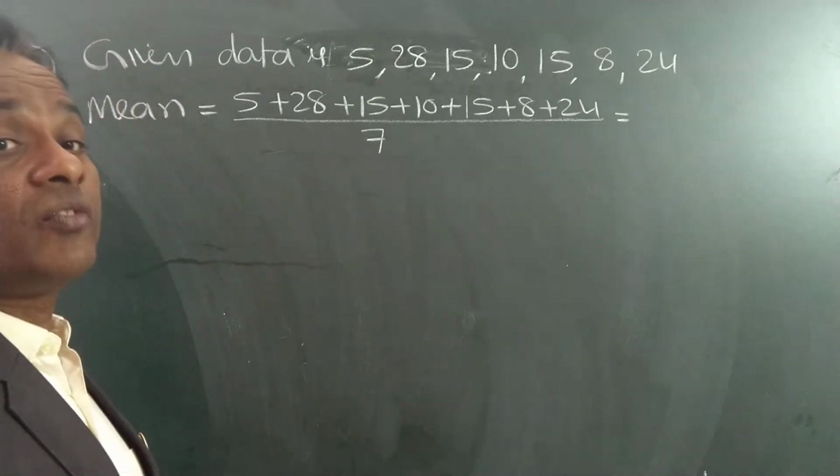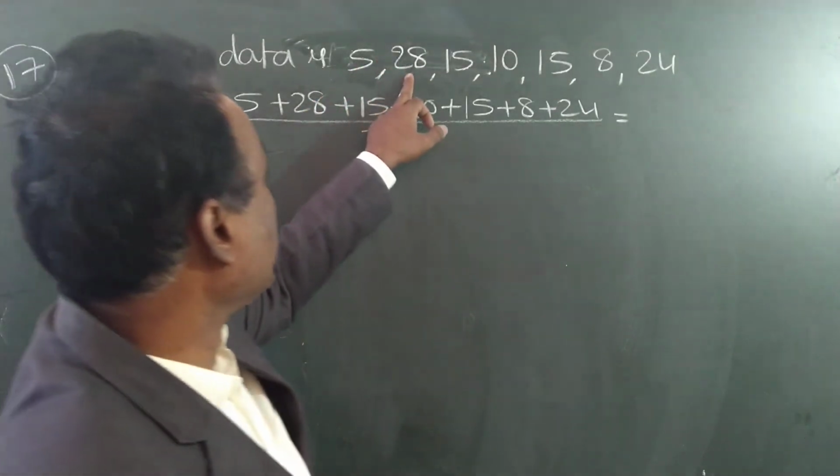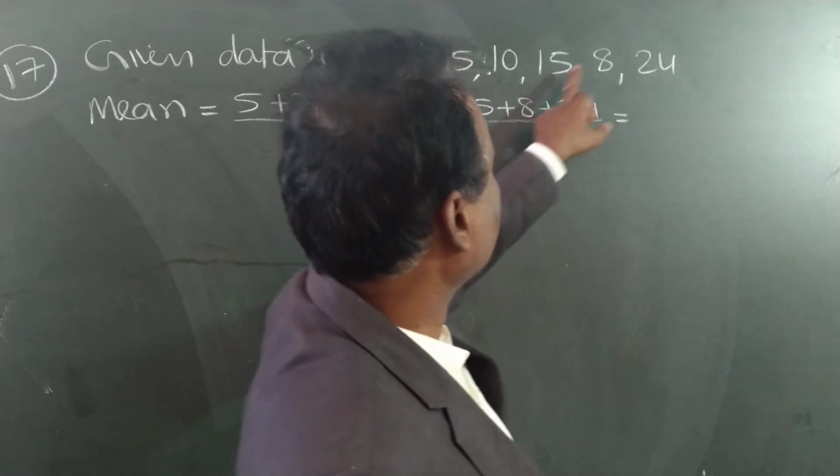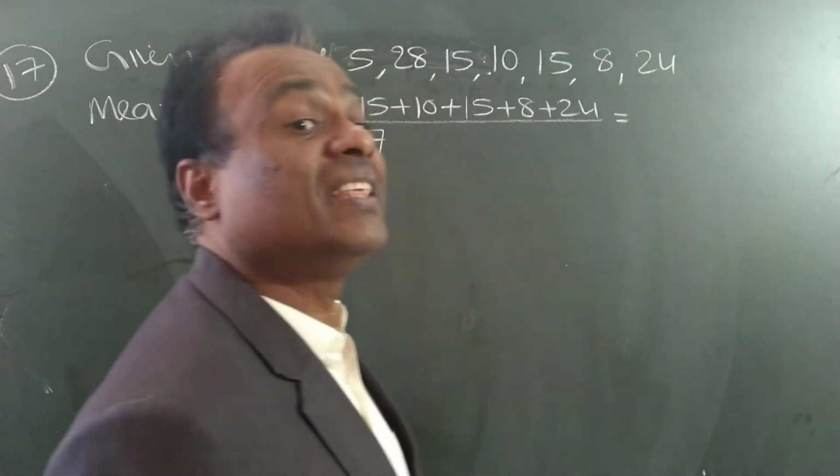Sum of the observations by number of observations, 5 plus 28 plus 15 plus 10 plus 15 plus 8 plus 24, by 7 numbers.